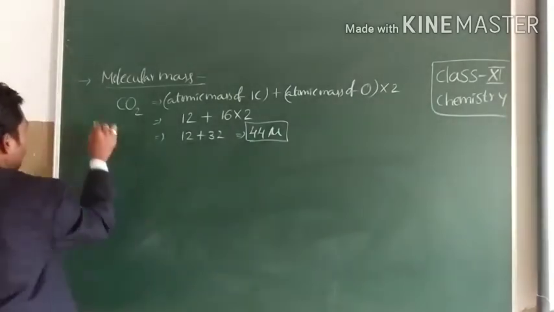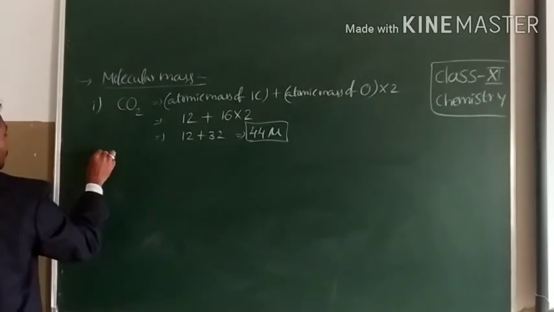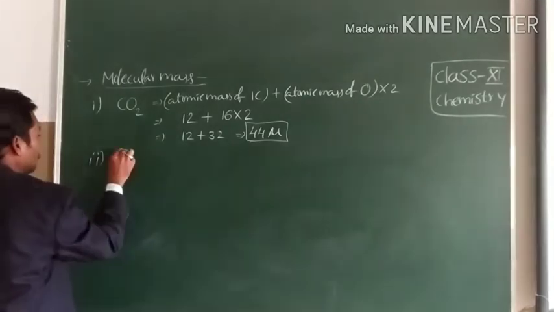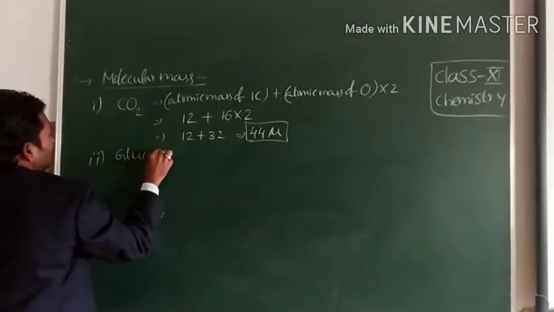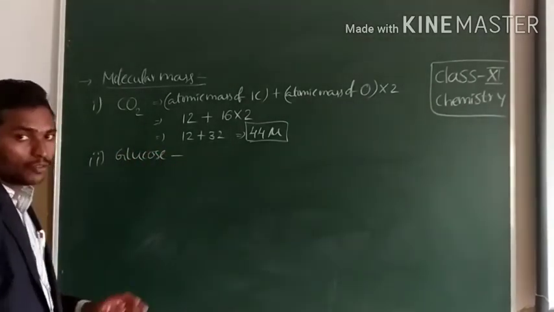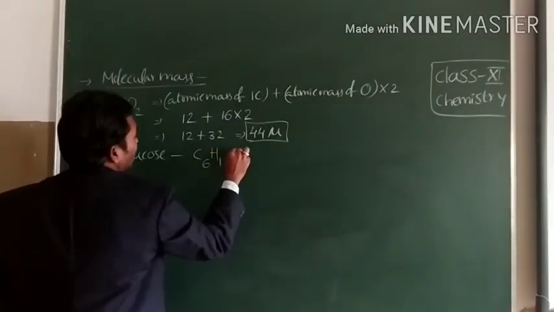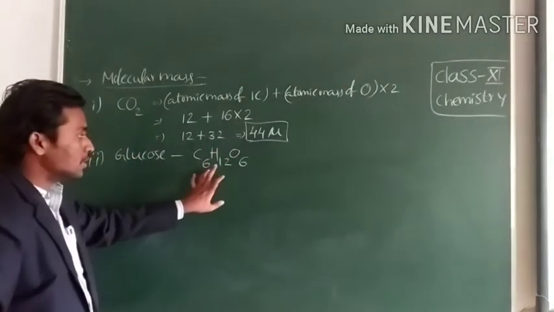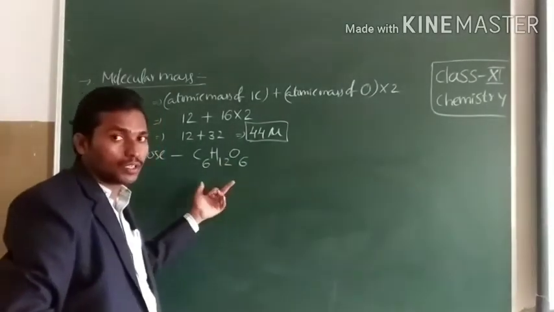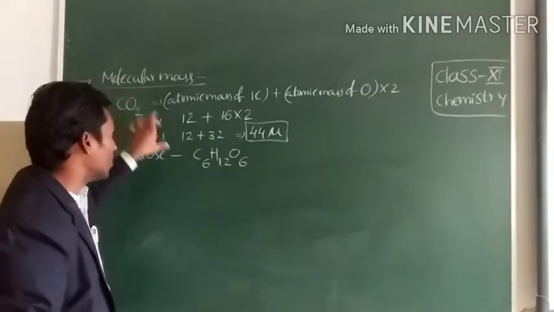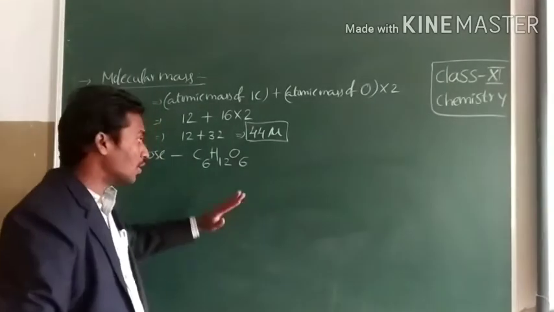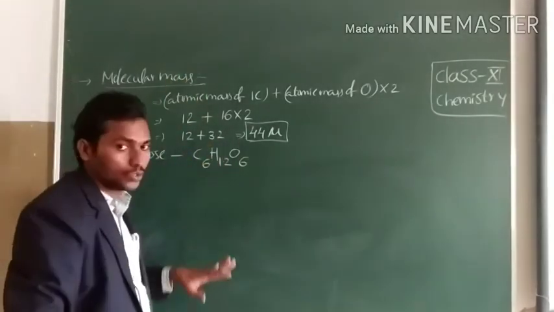One more example, glucose. C6H12O6 is the chemical or molecular formula of glucose. Here we have to find out the molecular mass of glucose. Let us see.